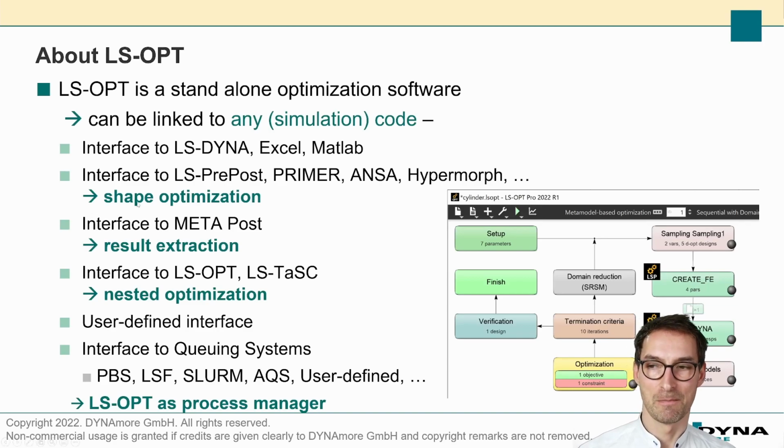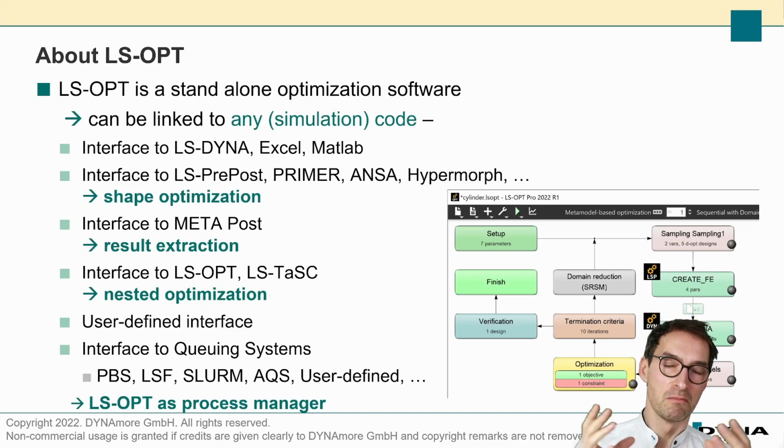There are also more comprehensive interfaces to LS-PrePost, Primer, ANSA, HyperMorph. If you want to do a shape optimization, again, ANSA and these tools help you to parameterize a finite element model, and then you can also perform shape optimization. Not in the big range as, for instance, with LS-TaSC, but still you can do some design optimization.